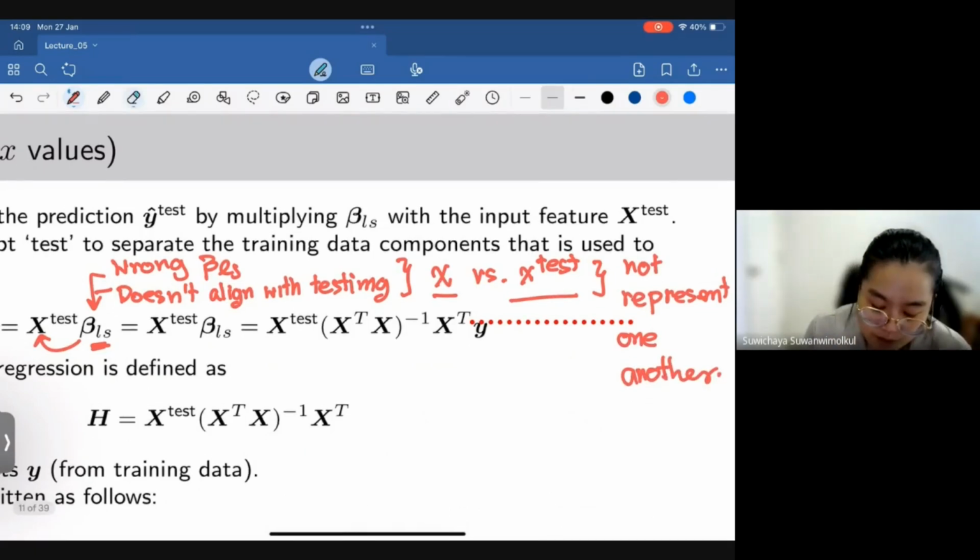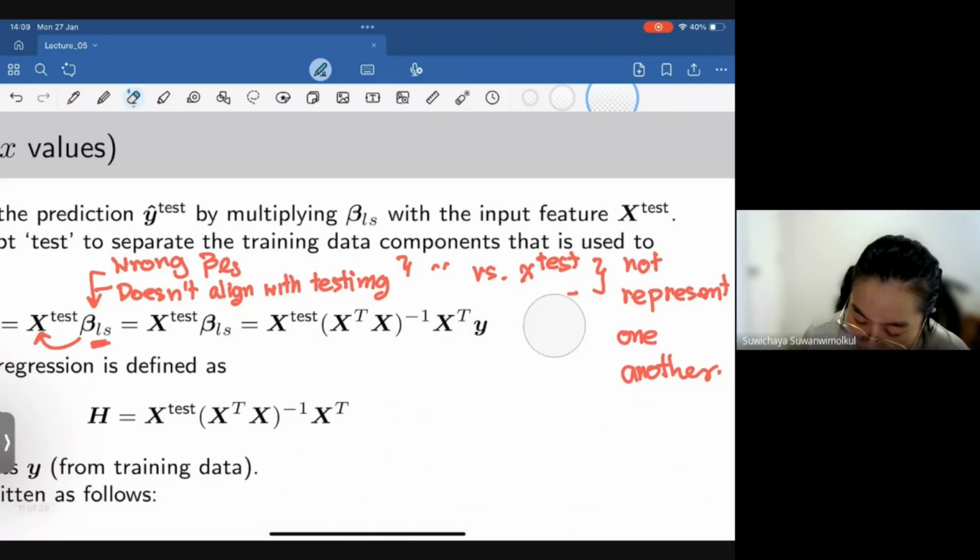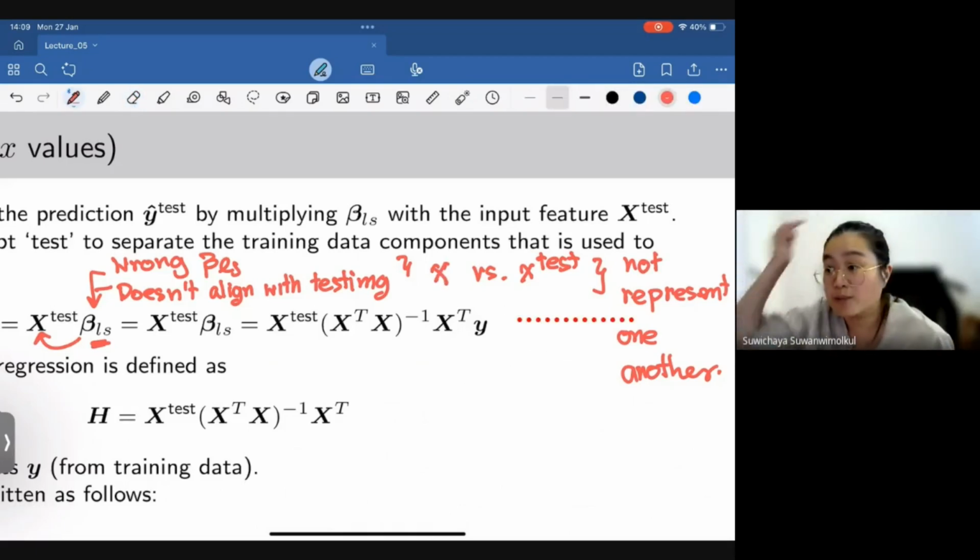Or sometimes we describe it as a situation where our input, when we deploy the model, is too challenging compared to our training data.